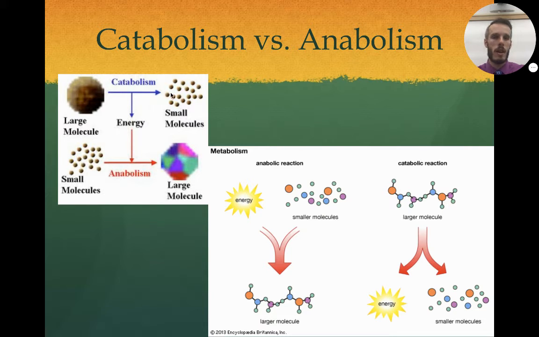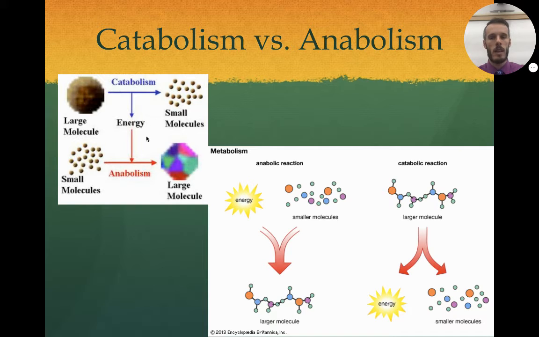So a catabolic reaction could be something like a protein being broken down into amino acids, like what happens during digestion. Or an anabolic reaction could be during protein synthesis, where an amino acid is forming a peptide bond with another amino acid in the protein chain.